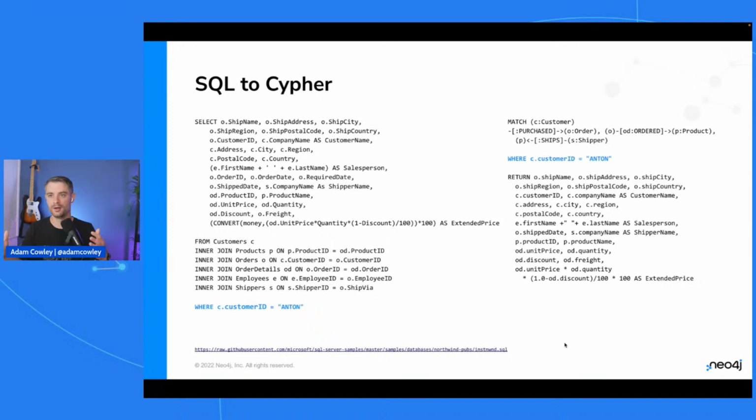Maybe we add another match clause, or do some sort of write operation, or run a procedure, or do things sequentially. We can actually process the data inside Cypher rather than being confined in an SQL query.